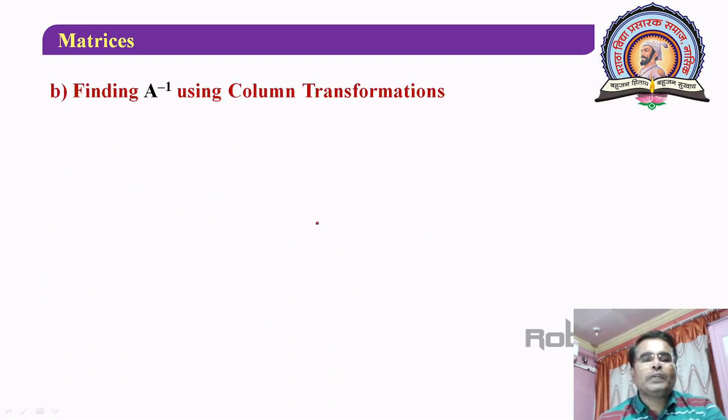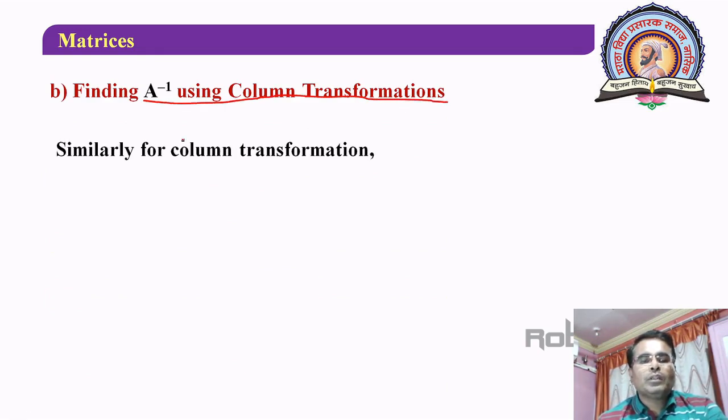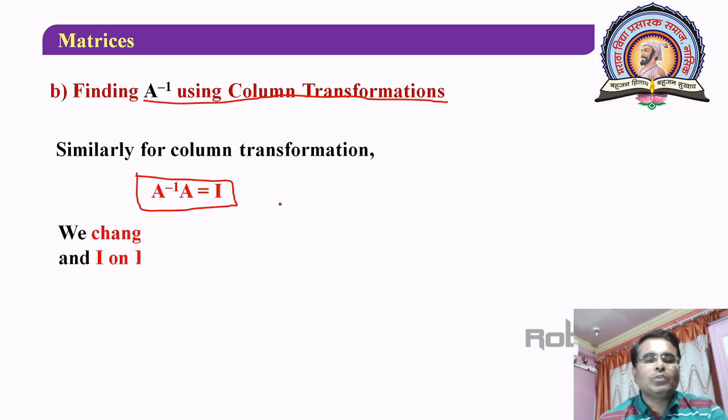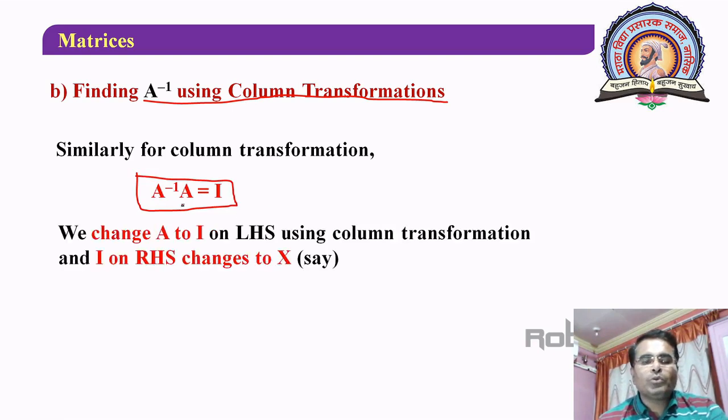Similarly, if you want to find A inverse using column transformation, we have to consider A inverse into A is equal to I. Consider the equation A inverse into A is equal to I, and what to do? Now A appears as a post factor, so change A to identity matrix.